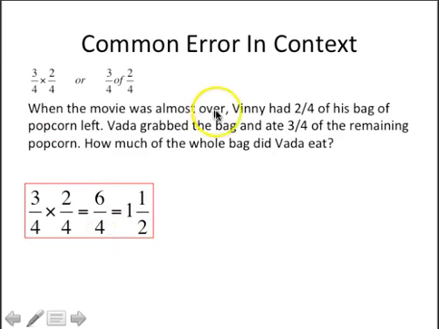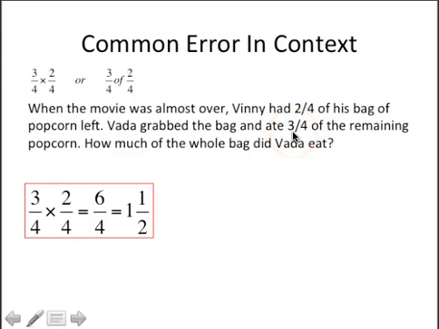So when the movie was almost over, Vinny had 2/4 of his bag of popcorn left. Veda grabbed the bag and ate 3/4 of the remaining popcorn. How much of the whole bag did Veda eat? So there was 2/4 of a bag of popcorn left. Veda grabbed it and she ate 3/4 of what was in there.